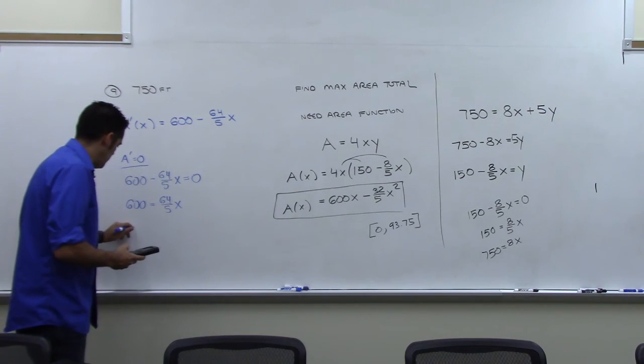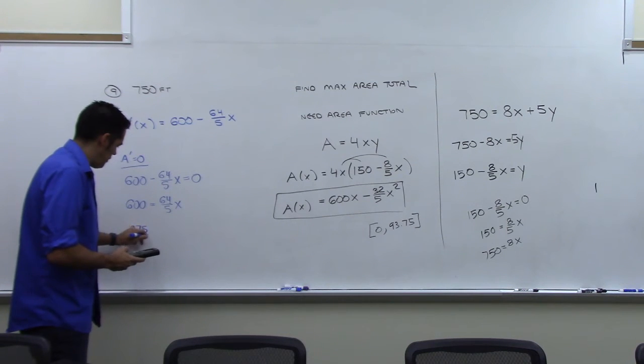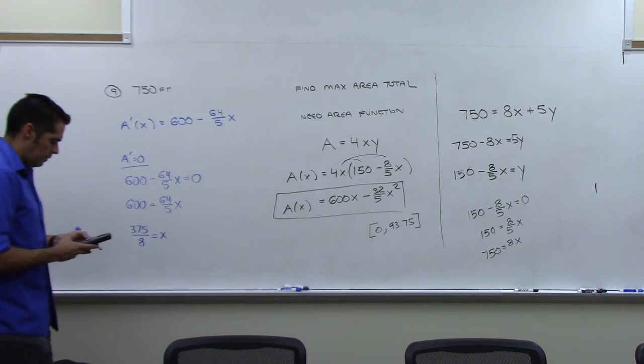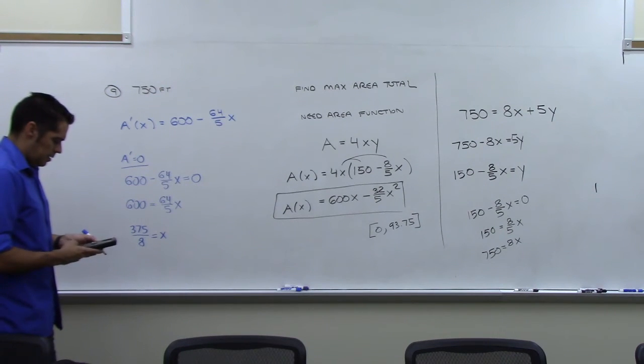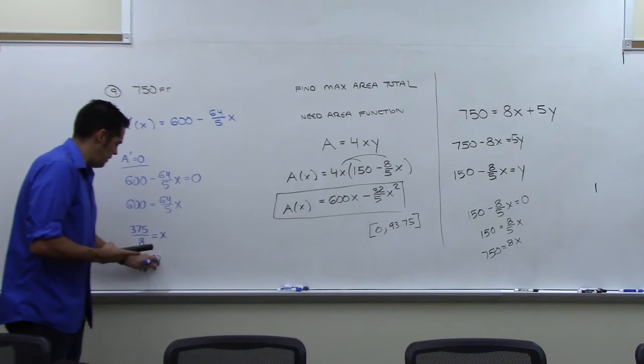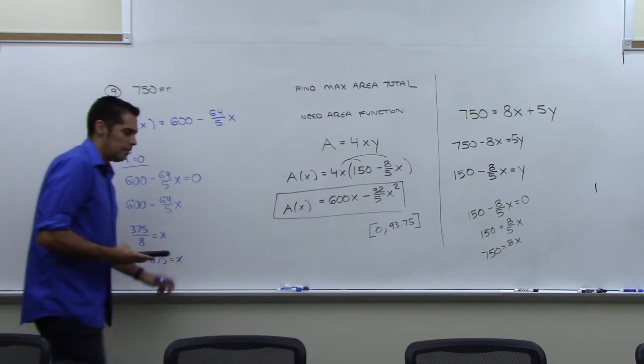And that will give me 375 over 8 is x. That's as a fraction, but as a decimal, 46.875 is x.